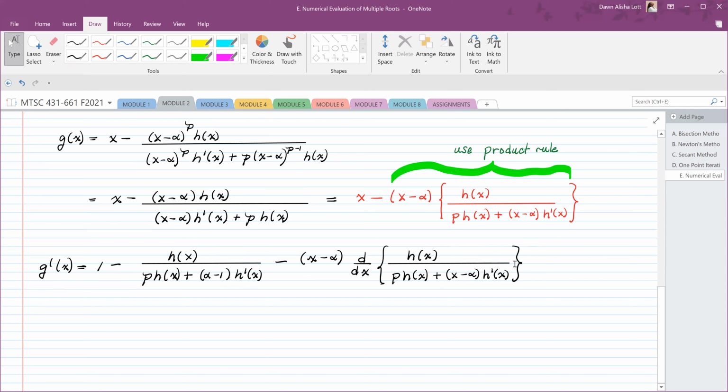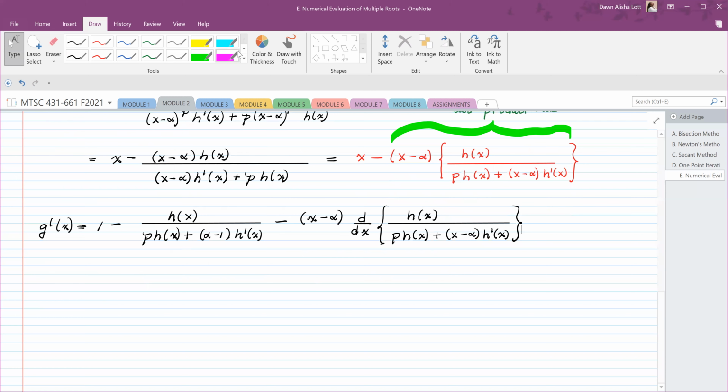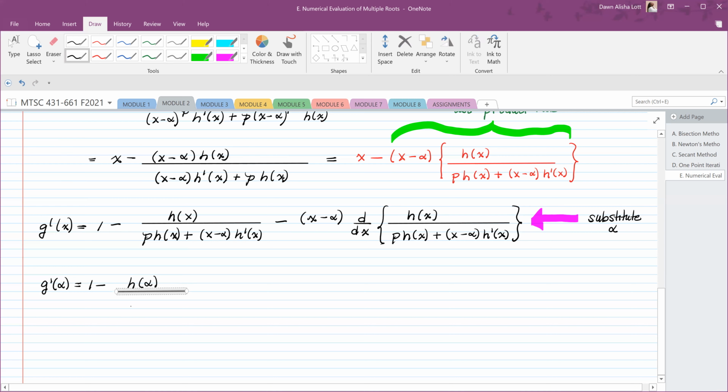Okay. So now let's put in alpha. When I substitute alpha, I get g prime at alpha is 1 minus, this in the bottom should be x minus alpha, okay, so now I'm going to get h of alpha over p times h of alpha.